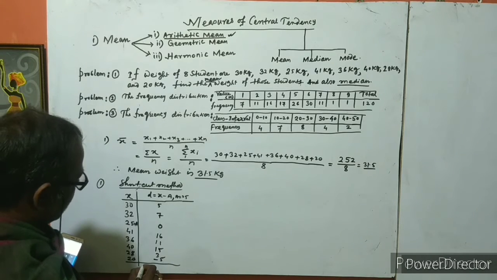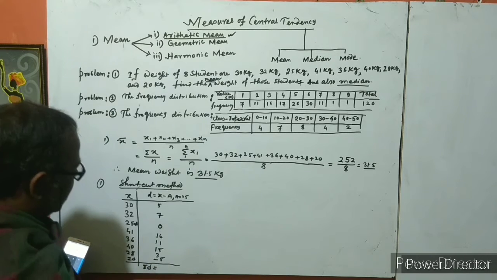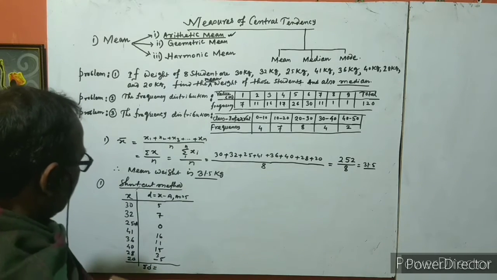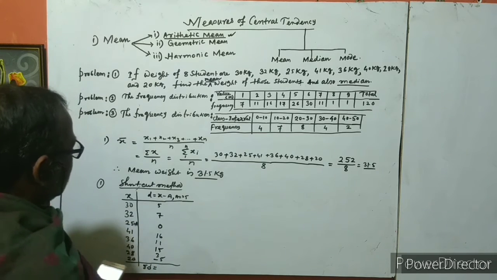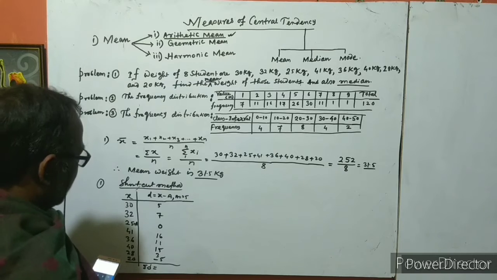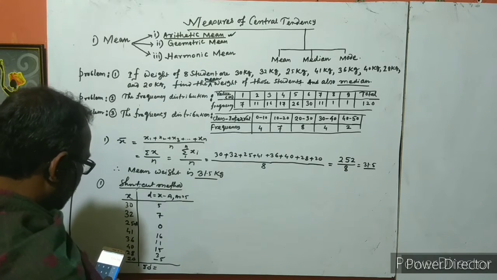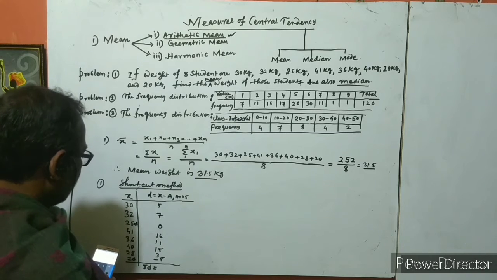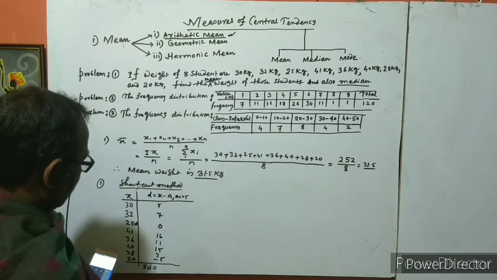So only the summation of d is needed. We have added these 8 numbers: 7 plus 5 is 12, then added with 16, then 11, then 15, then 3.